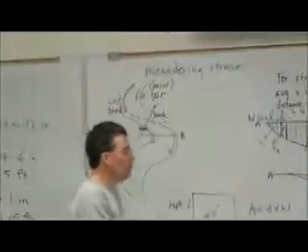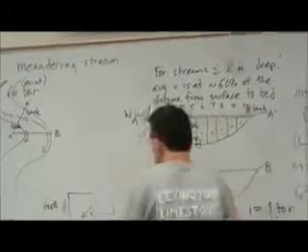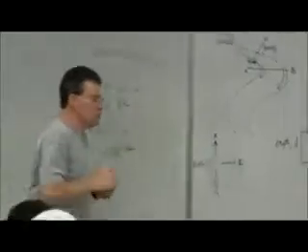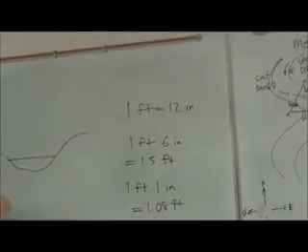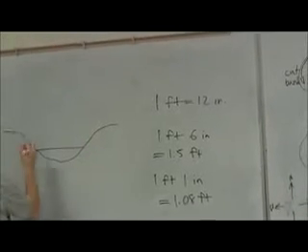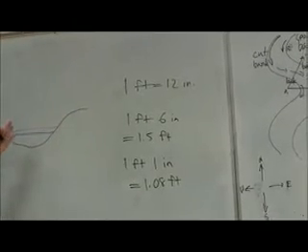What usually happens with the bank is that I'm not able to anchor the tape exactly on either end of the bank. It may look like this, and if the stream is here, I may have to stretch my tape measure from here to here because I don't want the tape dragging in the water.